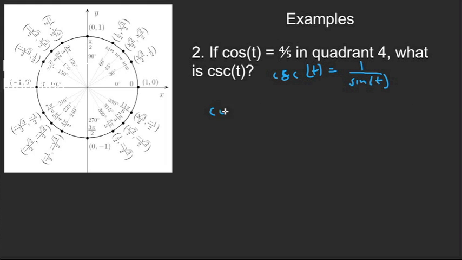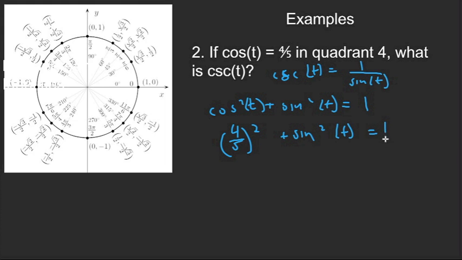So cosine squared t plus sine squared t equals 1. We have that cosine is 4/5, so 4/5 squared plus sine squared t equals 1. This is 16 over 25 plus sine squared t equals 1.